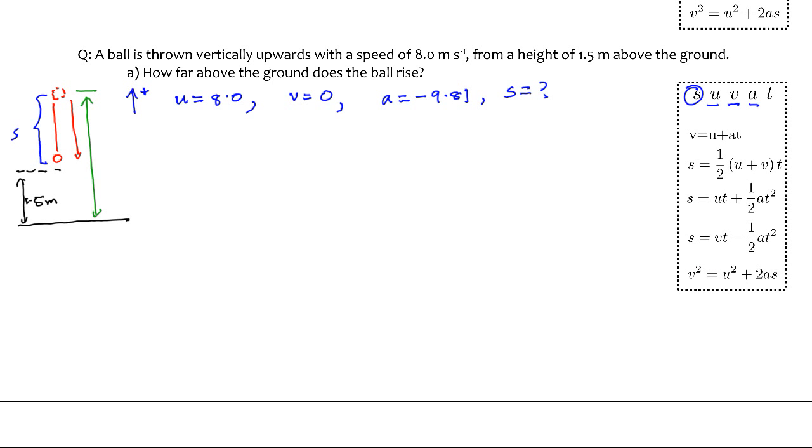So let me write that. So we get the equation of choice: V squared is equal to U squared plus 2AS, and we know that V is equal to 0.